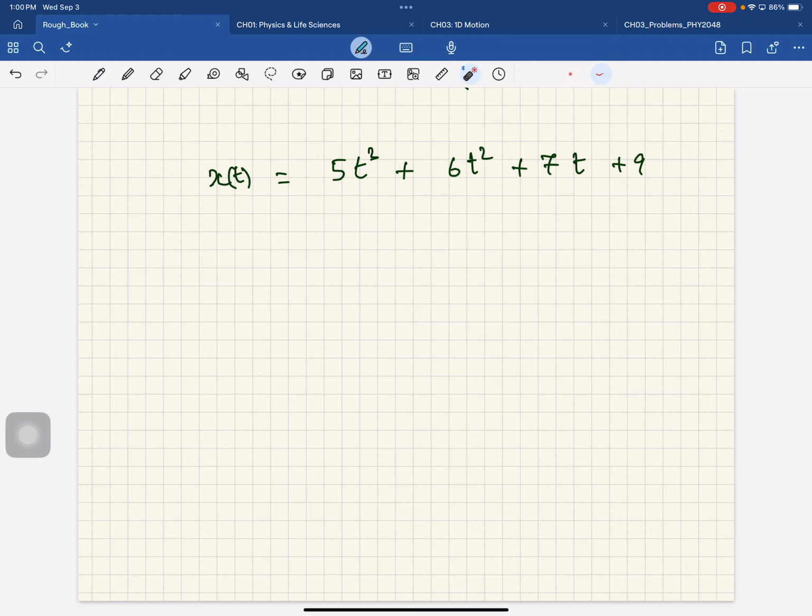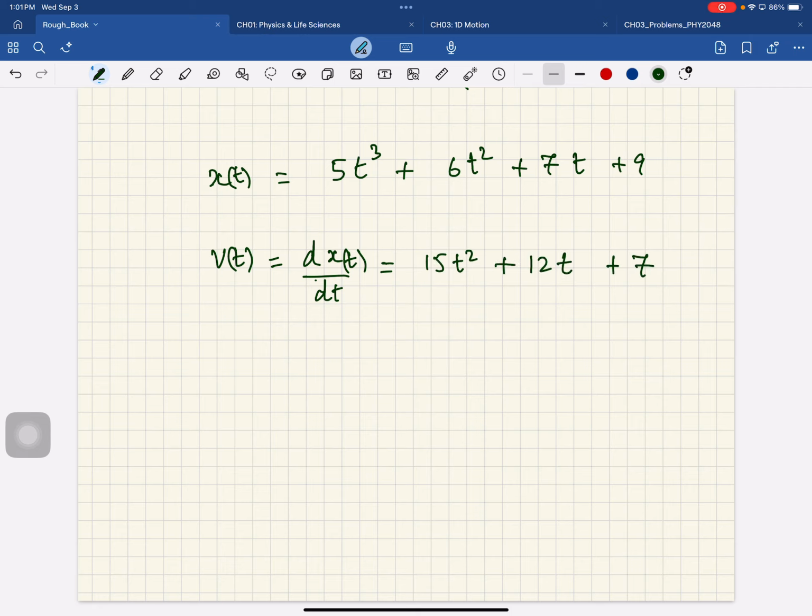What you're interested in is calculating the velocity as a function of time. Help me out. That's 3, 15t squared plus 12t plus 7.